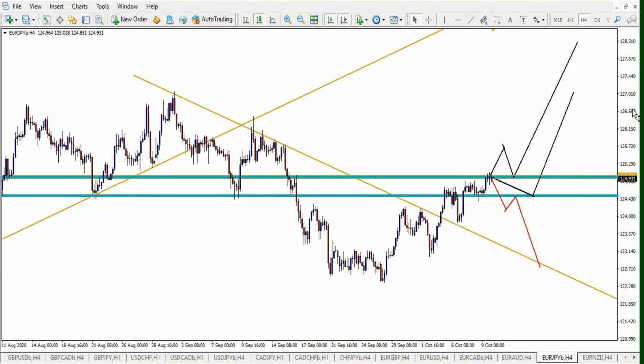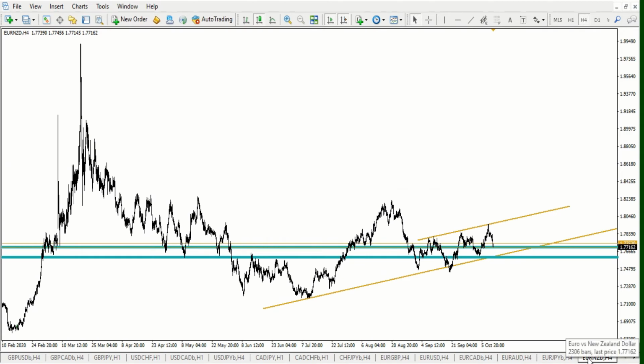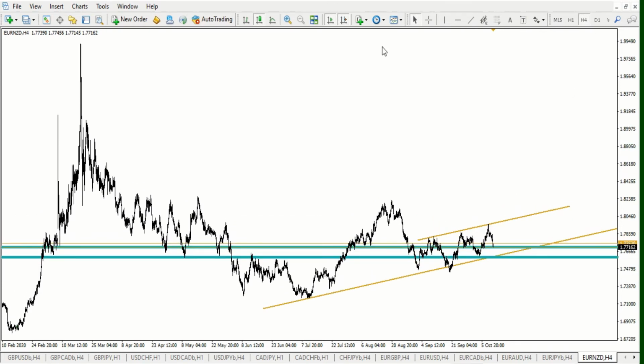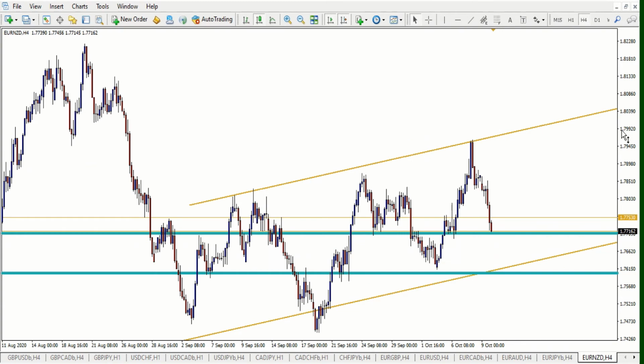All right, so the next trade I'll be looking at is the EURNZD. So we can see from the 4-hour that this market has been moving in an uptrend, right? It's making higher lows, higher lows, higher lows, and now it's just forming a little channel there, a little support resistance channel.